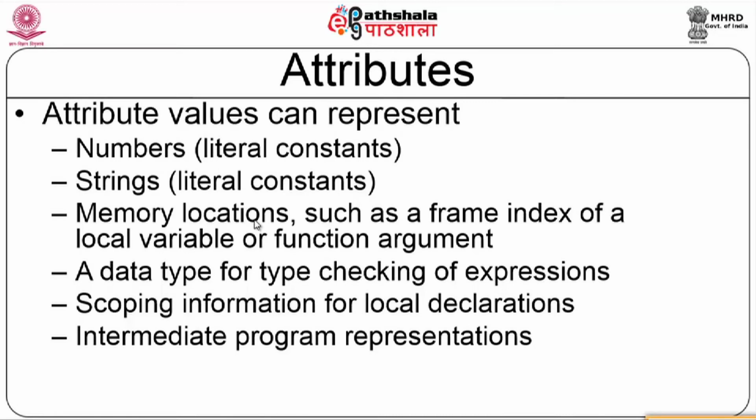So, whatever value is available in T gets copied onto E. That is going to be memory location based copy. It can also have a data type for type checking expressions. We will come back to this later. Scope information for local declaration, and you also can have intermediate program representation. So, each attribute value can represent any or a combination of these.